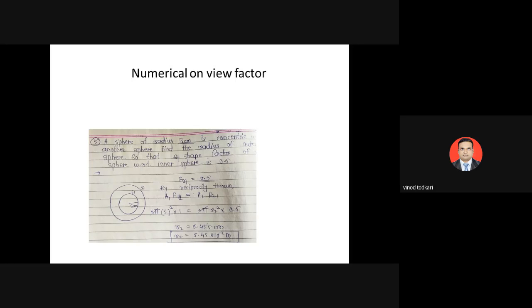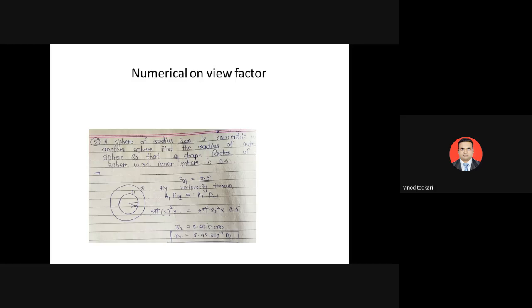So F12 will be equal to 1. F12, that is energy emitted by 1, which is intercepted by 2, will be equal to 1. Here it is not given that F12 is equal to 1. Logically, you have to decide F12 will be 1 because all energy emitted by the inner sphere will be intercepted by the outer sphere.